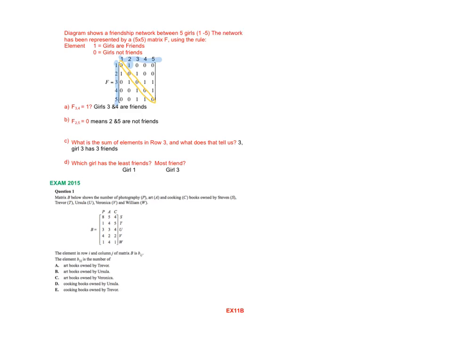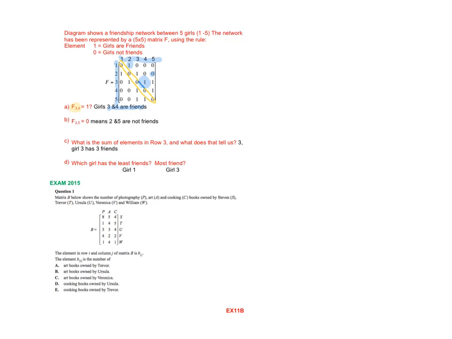So if they ask me here, what is 3, 4? They're talking about row 3 and column 4. So what does that suggest? That suggests that girls 3 and 4 are friends because there's a 1 there. So you had to go through that. If you go to row 2, column 5, you see a 0.